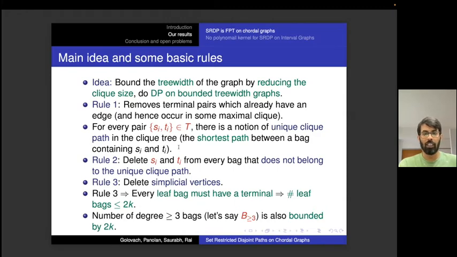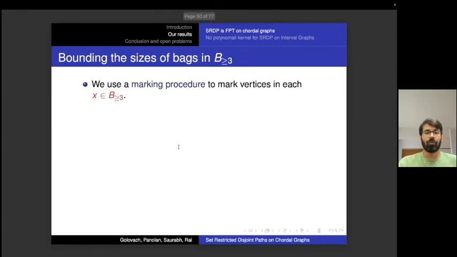So what do we do with these bounds? Now we look at any bag of degree at least 3 in the clique tree, in the tree decomposition. And now we look at any s_i, t_i such that this bag of degree at least 3 occurs in the path between the s_i and t_i.